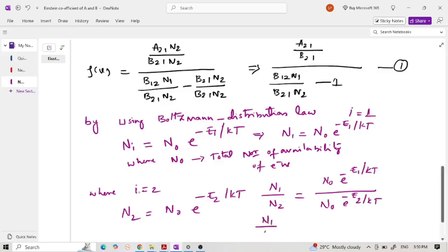N naught gets cancelled, and N1 by N2 is equal to e raised to E2 minus E1 divided by KT, where E2 minus E1 is h nu. So N1 by N2 is e raised to h nu divided by KT. This is equation 2.